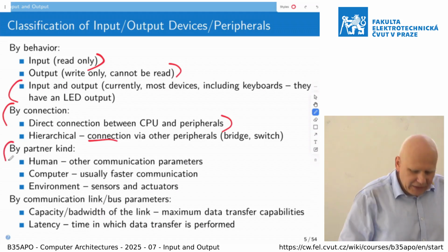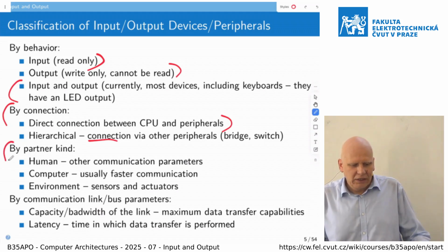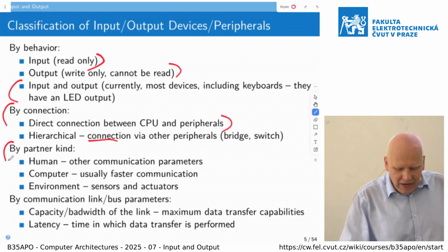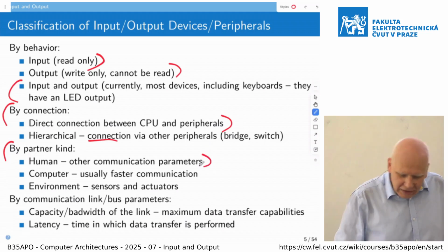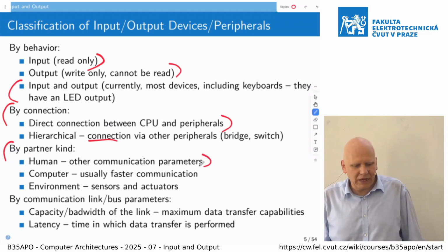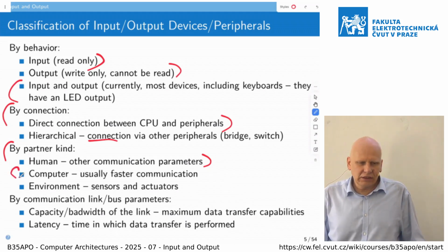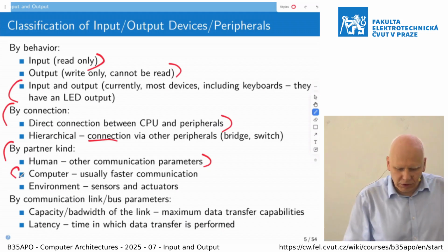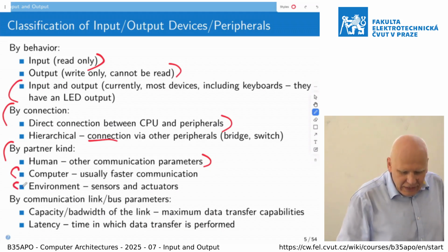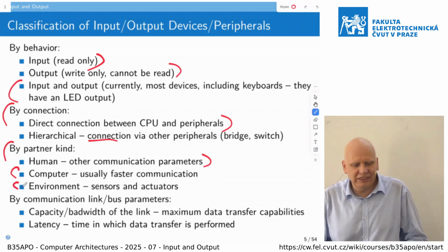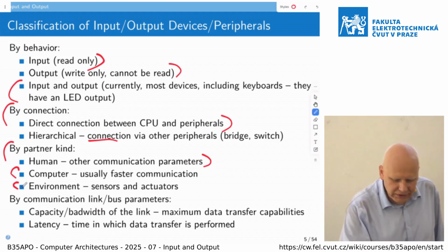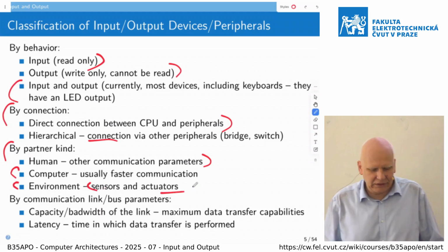The partner to the computer can be a human, so these are human input-output devices, or it can be another computer, if you want to interconnect computers by a network, and it can even be the physical environment, when you use sensors, robots, actuators, and so on.